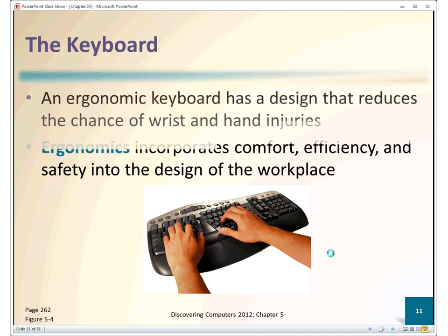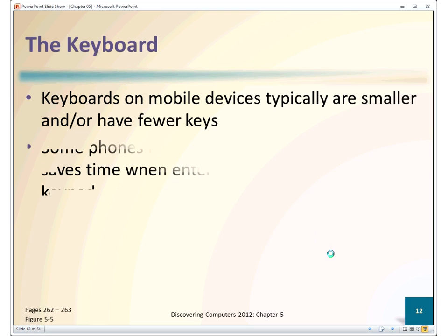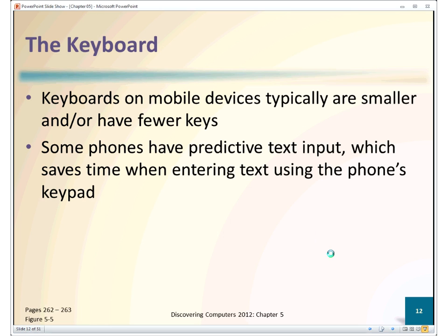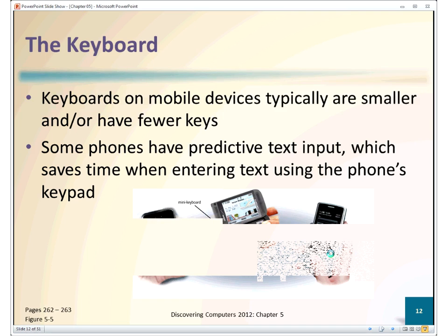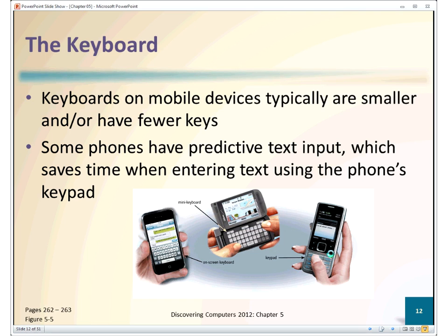So keyboards on other types of computer systems, on mobile devices, can't have the 101 to 105 keys, so they usually have fewer keys. Some phones have predictive text input. In fact, that's been great on my smartphone. I'm a real slow texter, and inputting on the keyboards was difficult for me.